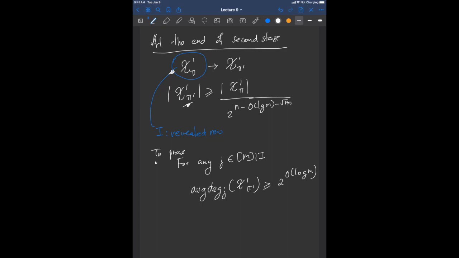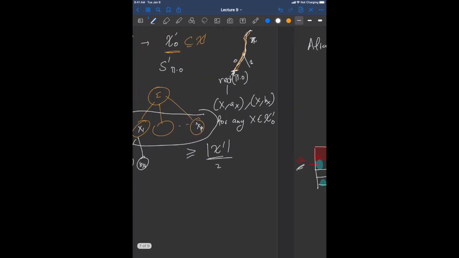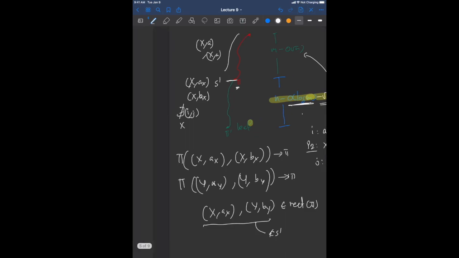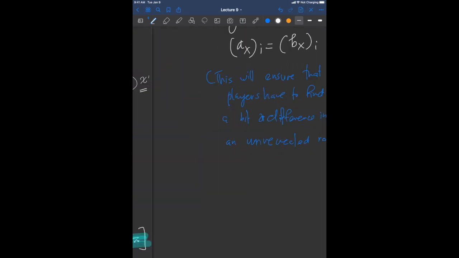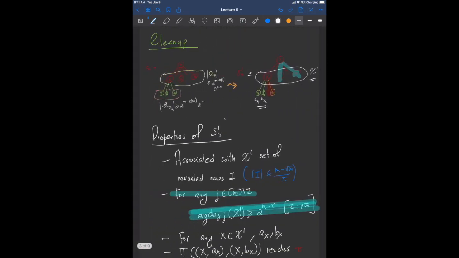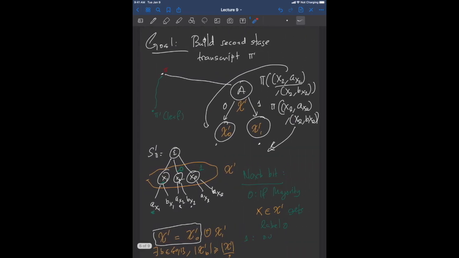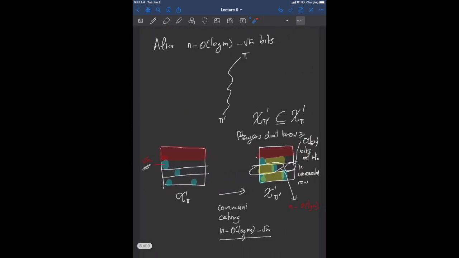So if a row had average degree n minus tau, this meant that the players don't know at least n minus tau bits about that row, right? And what we wanted to say by this intuitive calculation is that at the end of second stage, they don't know at least order log m bits.